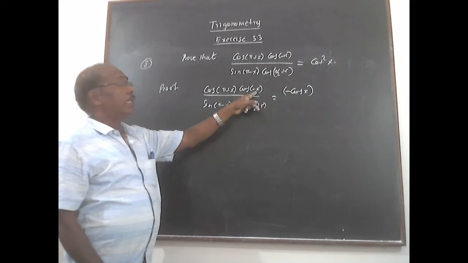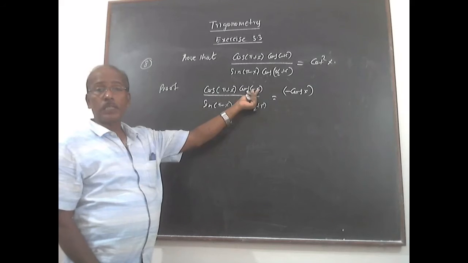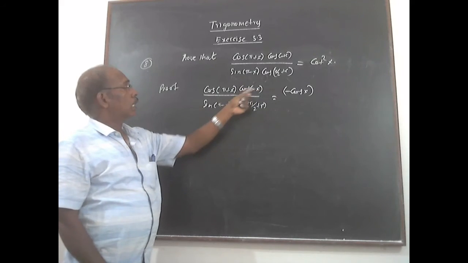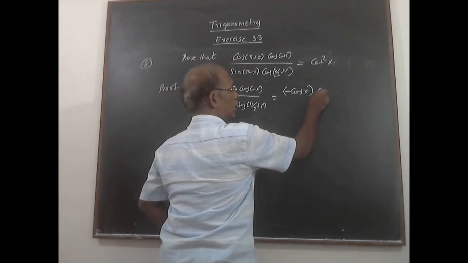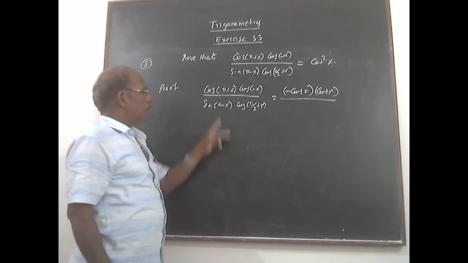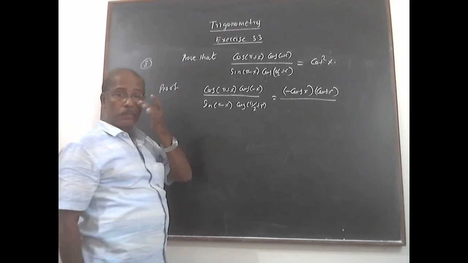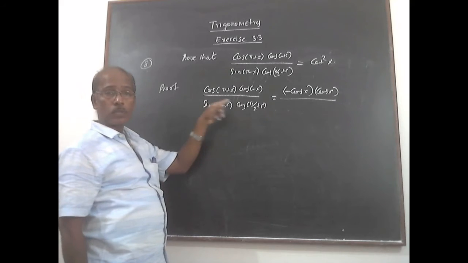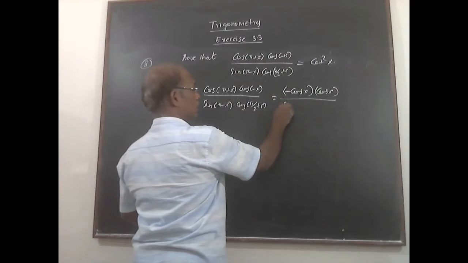And cos of any negative angle, because minus x falls in the fourth quadrant. In the fourth quadrant cos is positive, and cos of minus x is cos x. Pi minus x, second quadrant. In the second quadrant, sin is positive, allied angle pi, sin goes to sin, is sin x.